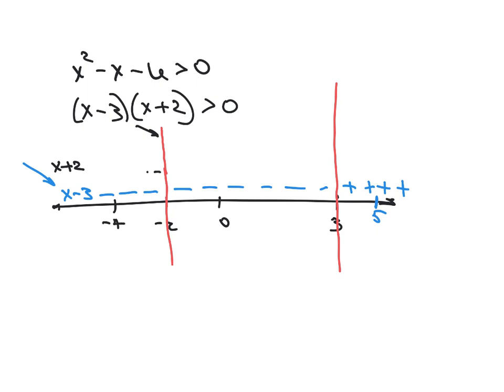So anything over here is going to give me a negative. If I put a value, let's say I put 0 in, 0 plus 2 is a positive 2. So everything over here is positive. Now let's look at the other side of this red line, which shouldn't really matter. Let's put a 5 in there. That also gives me a positive.